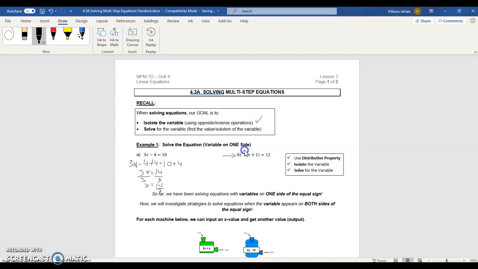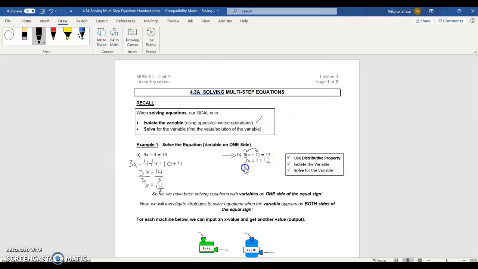So remember, you distribute the number at the front of the brackets here to all the terms within. So we get 3x plus 3, that I did 3 times x, and then I did 3 times 1 is equal to 12. And now I can proceed and solve for x like I did in the previous question.